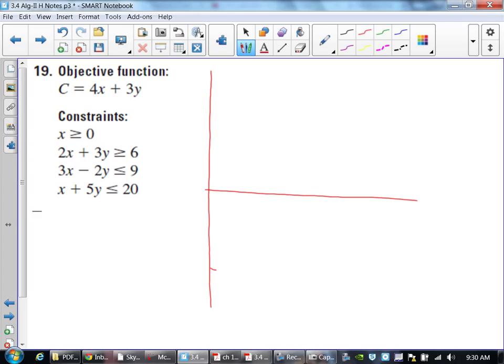Well, I'll draw this out. Y-intercept of 2, x-intercept of 3. 0, 2, 3, 0. Is 0 smaller or bigger than 6? No. Moving outward.